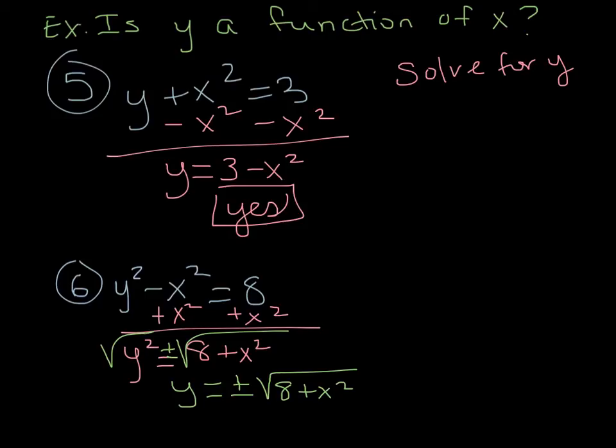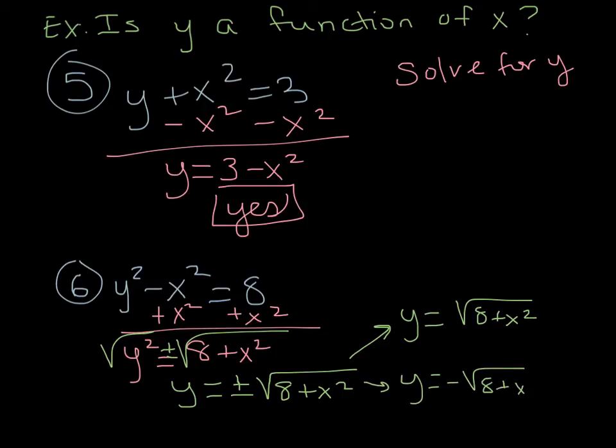So you can also think about it as, okay, I can write this as 2 equations. I can write it as positive square root of 8 plus x squared, or I can write it as negative square root of 8 plus x squared. So 2 possible things for y for each x value. And because of that, we say it is not a function. I'm just going to say no.